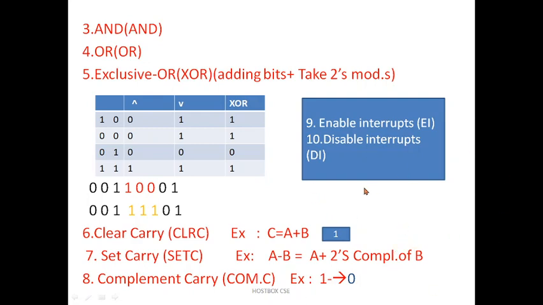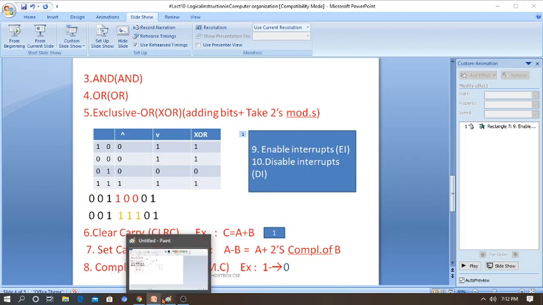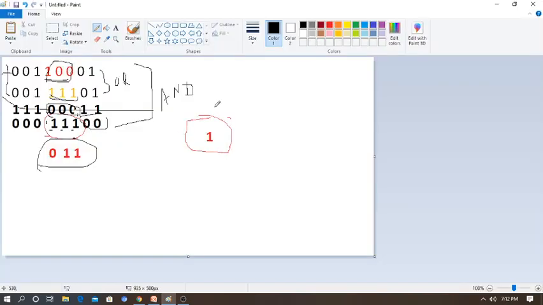Let's go back to this painting here. Enable interrupt means the signal will be 1. Whenever you do some operation on the CPU, the interrupt signal becomes 1. Whenever you are not doing an operation, or once it is completed, it becomes 0.